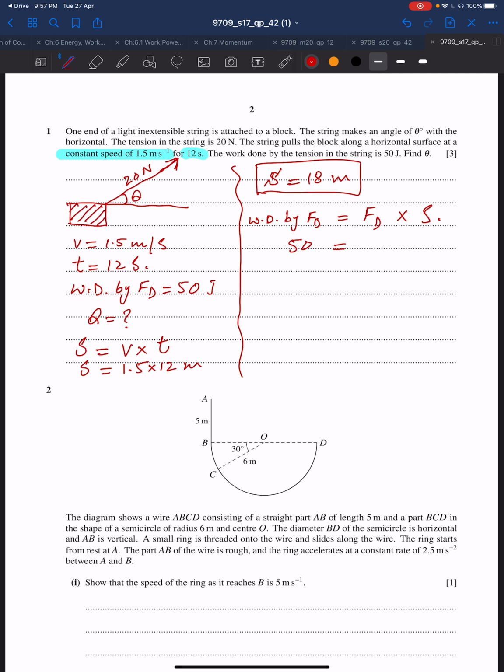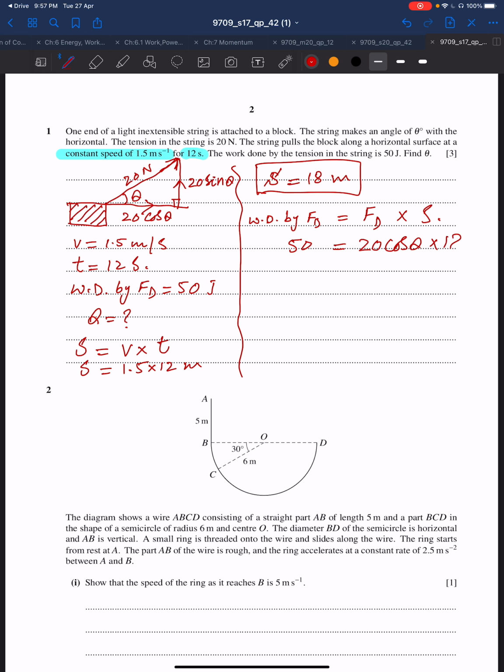If you find its horizontal component and vertical component, the horizontal component is 20 cos theta and the vertical component is 20 sin theta, right? So the driving force is 20 cos theta.